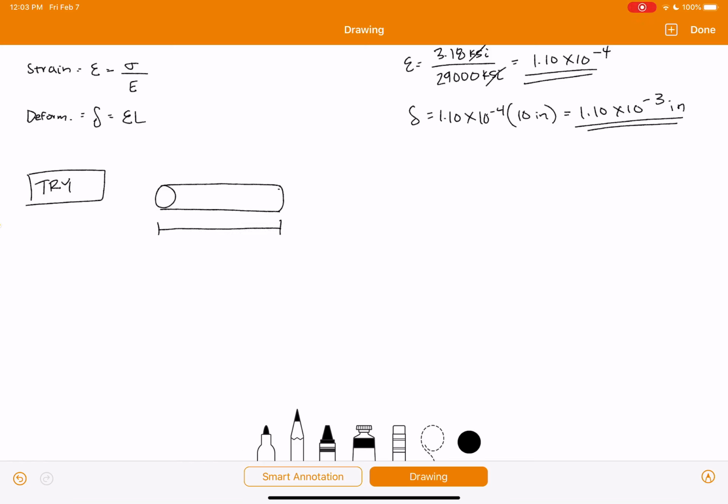It's got a length of 1 foot and a tensile force of 500 kips. All right, the radius is 1 inch and Young's modulus is going to be 29,000 KSI, so we're using steel. All right, so go ahead, pause your video, and then you can check your answer with the PDF below. It'll be number 1.